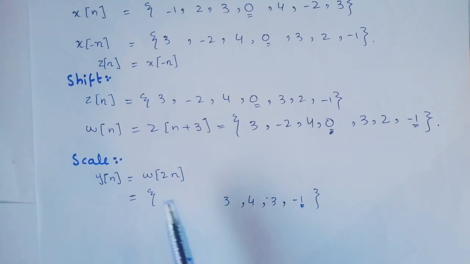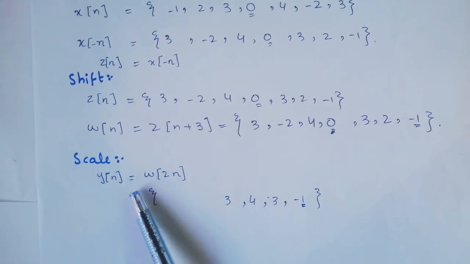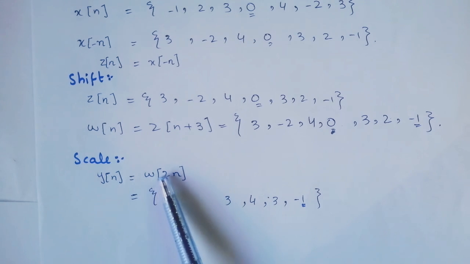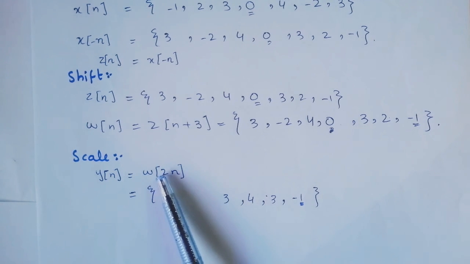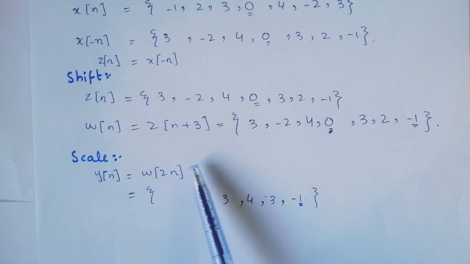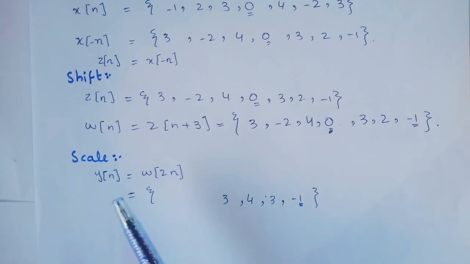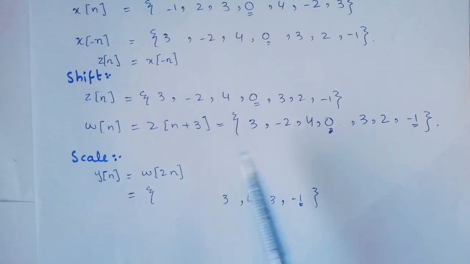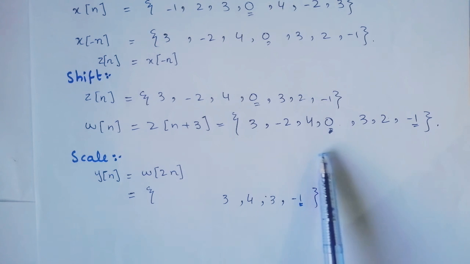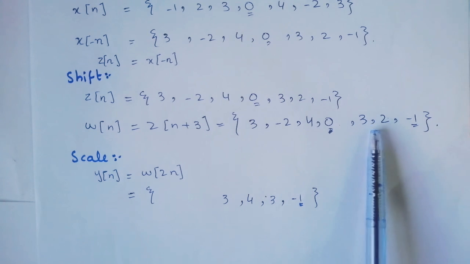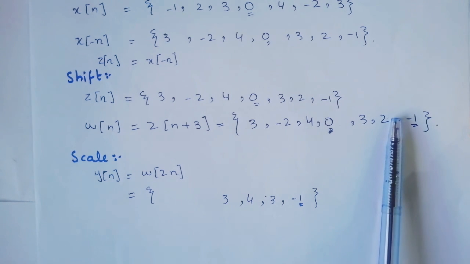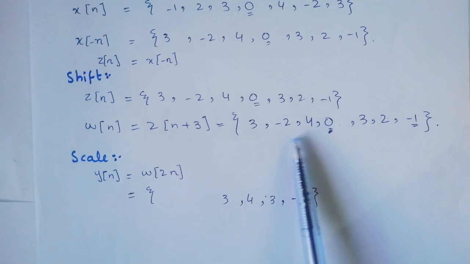Now scaling. I told you that when you scale a signal, you are actually compressing it when you are multiplying with an index. So you get fewer values. You see that even values will be gone. For example, this value 2, 0, minus 2.